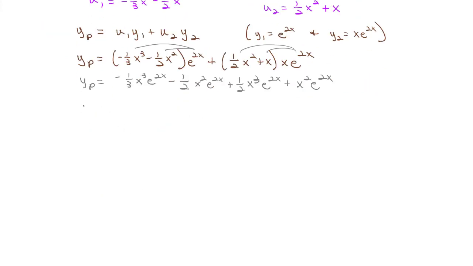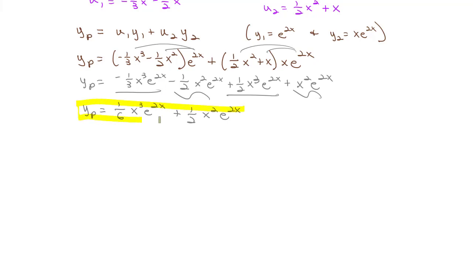And finally, combining like terms, on the x cubes, negative 1/3 plus 1/2 is 1/6 x cubed e to the 2x. And negative 1/2 plus 1 is plus 1/2 x squared e to the 2x. And now we've got our y particular using the method of variation of parameters.